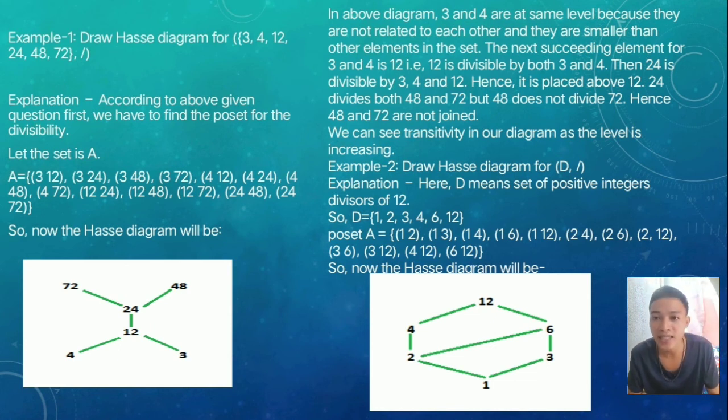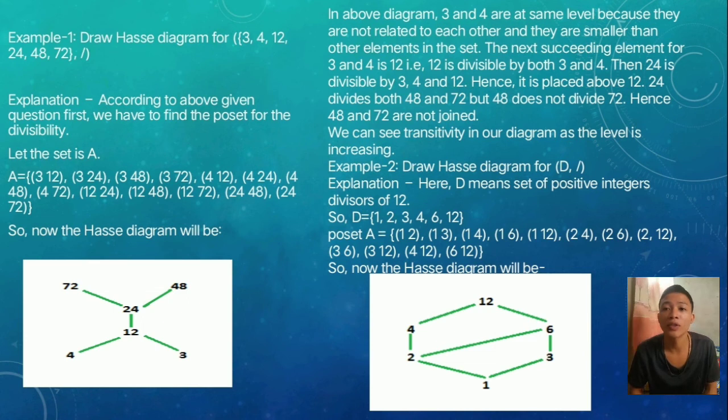So now, this diagram will be 72 to 24, 48 to 24, 24 to 12, 12 to 4, and 12 to 3.